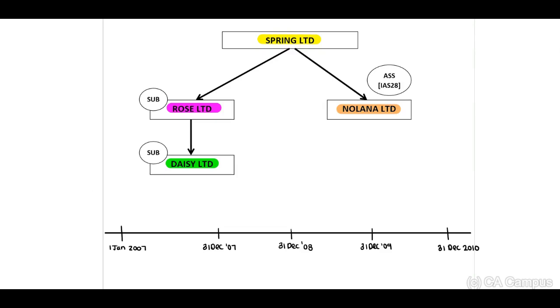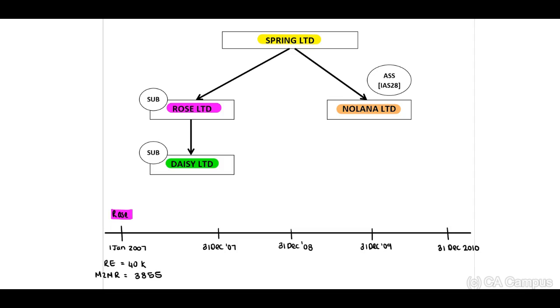Now, on the timeline, we are able to identify that Spring purchased Rose on 1 January 2007. They've provided us with our retained earnings of 40,000 and our mark-to-market reserve of 3,855.